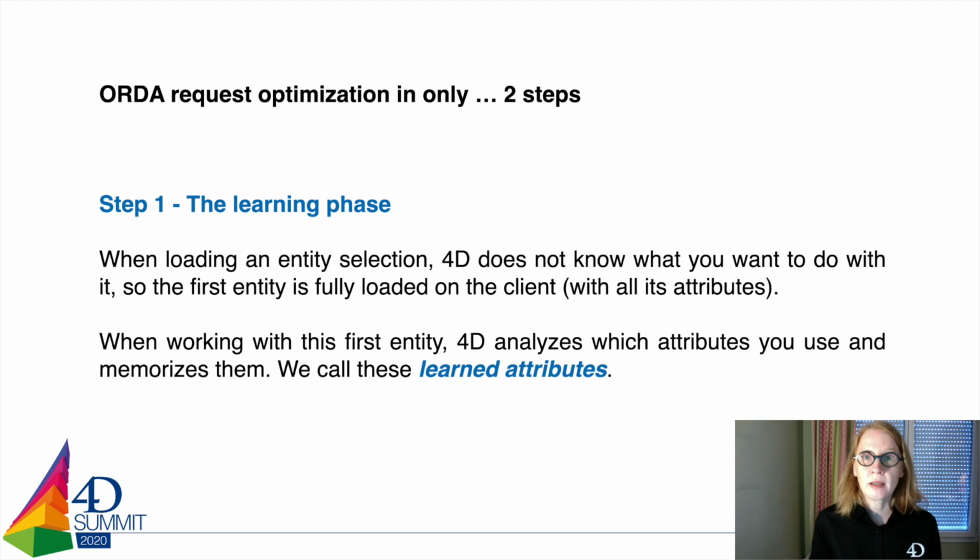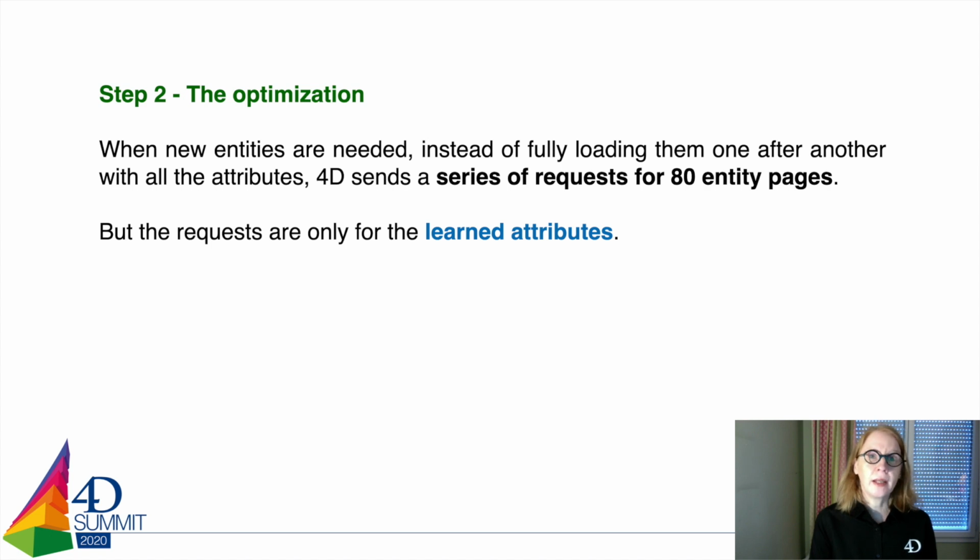We call these learned attributes. And then comes step 2, the optimization. 4D knows which attributes you need and sends requests for 80 entity pages only for those learned attributes.